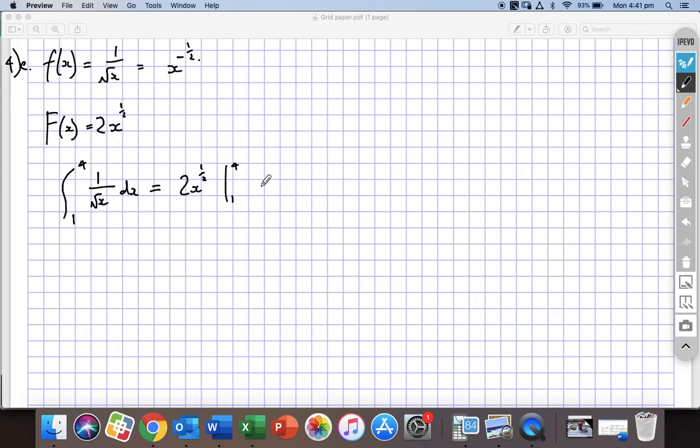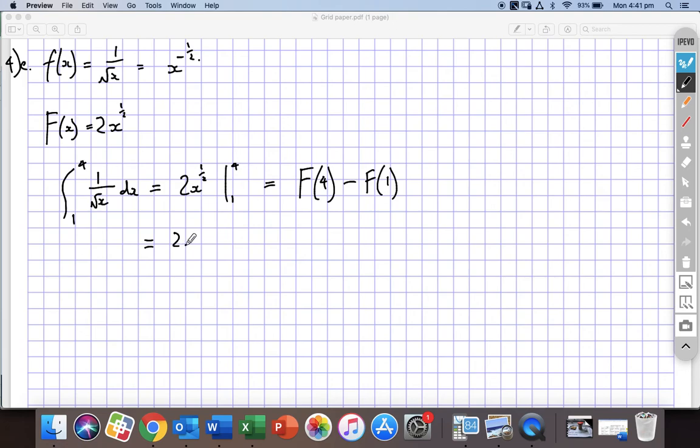So what we're doing is we're going to look at the antiderivative where x equals 4 and subtract away the antiderivative where x equals 1. Okay, we need to make our x's 4 to begin with.